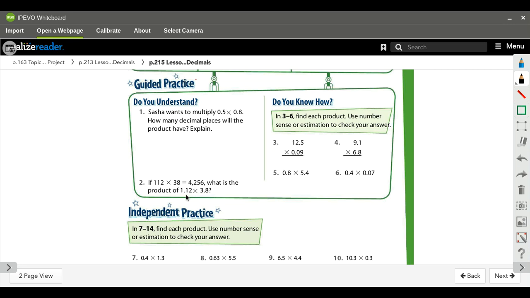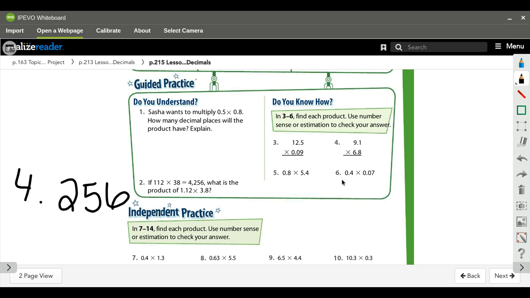So for a total of 1, 2, 3. So my answer for number 2 is going to be 4 and 256 thousandths because I should have 3 values behind the decimal in my product, since I have 1, 2, 3 values behind the decimal in my factors.